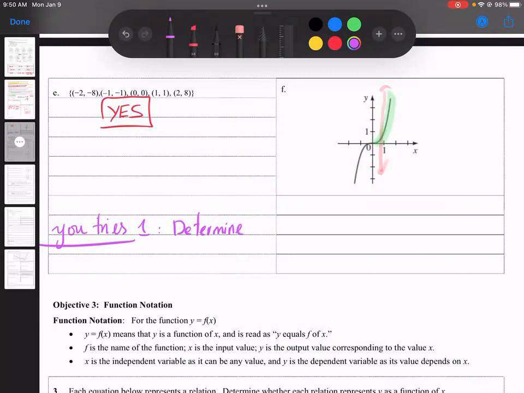Determine whether the relation defines y to be a function of x.